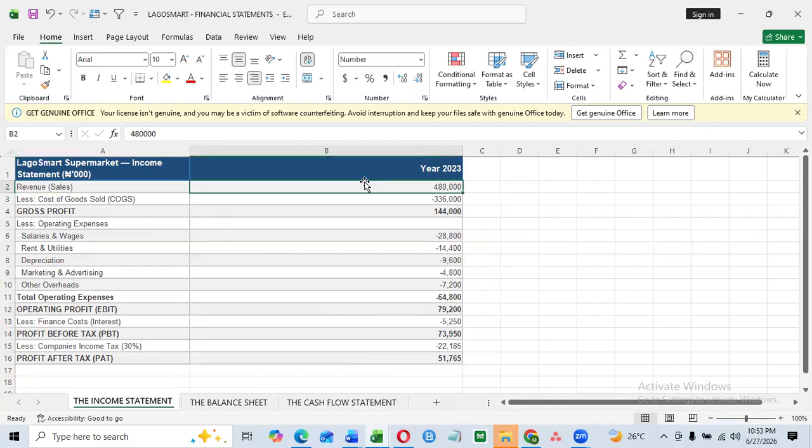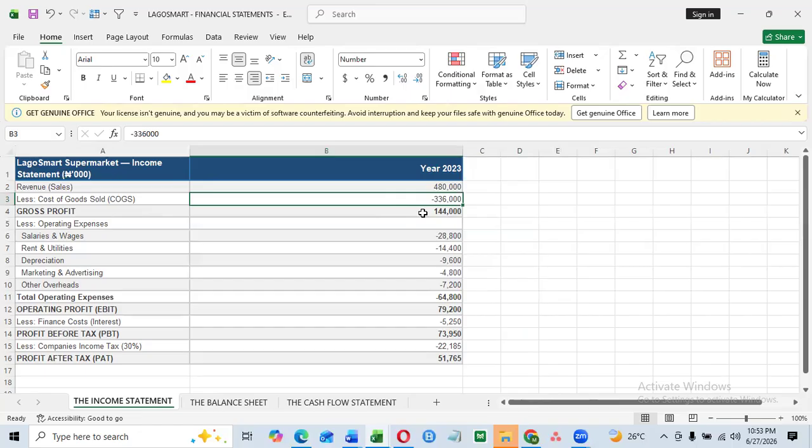And we are told it's 480 million. But revenue alone means nothing without context. Now we subtracted cost of goods sold. Cost of goods sold is the actual cost of buying the product they sold. So this gives us gross profit of 144 million.